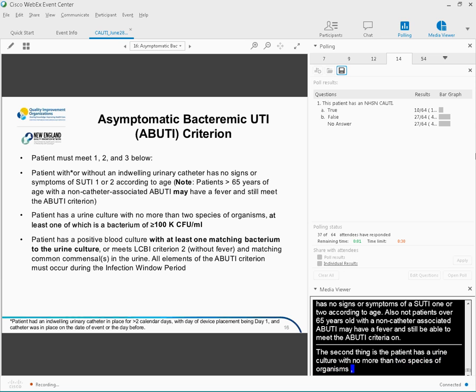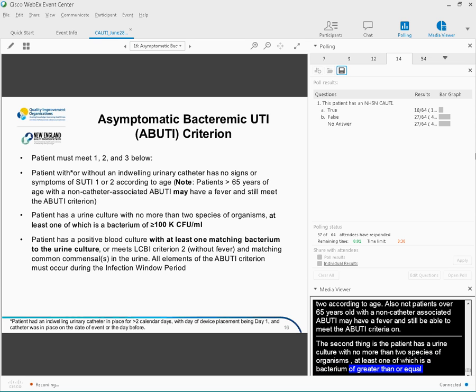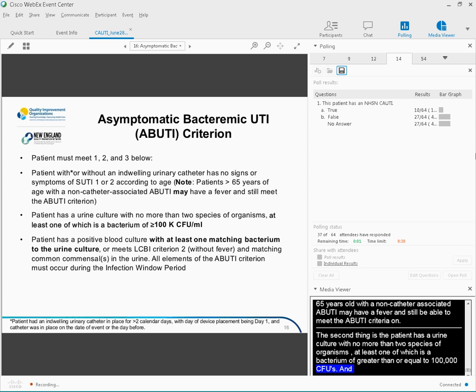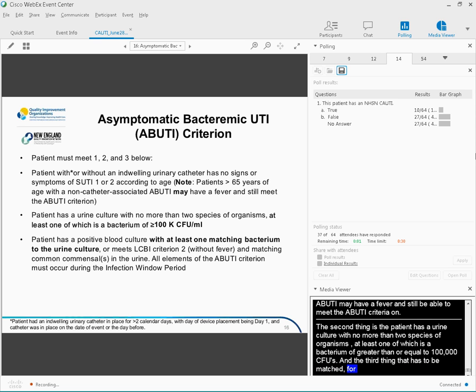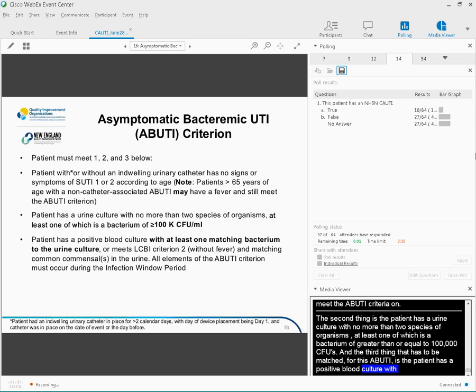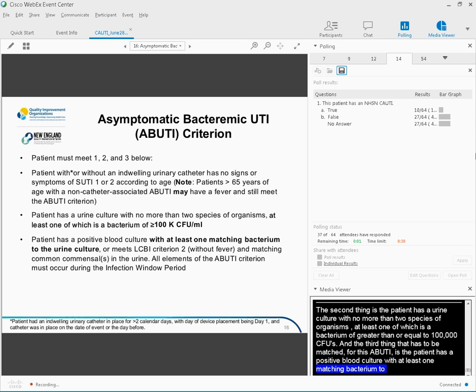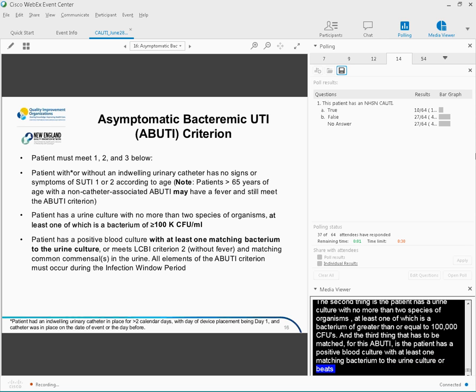And the third thing that has to be matched for this ABUTI is the patient has a positive blood culture with at least 1 matching bacterium to the urine culture, or meets LCBI criterion 2, which is lab-confirmed bloodstream infection without a fever, and with matching common commensals in the urine. So all of these elements of the ABUTI criterion must occur during the infection window period.